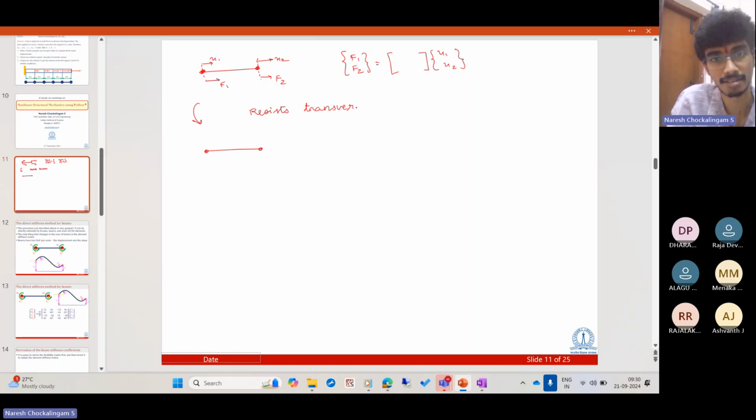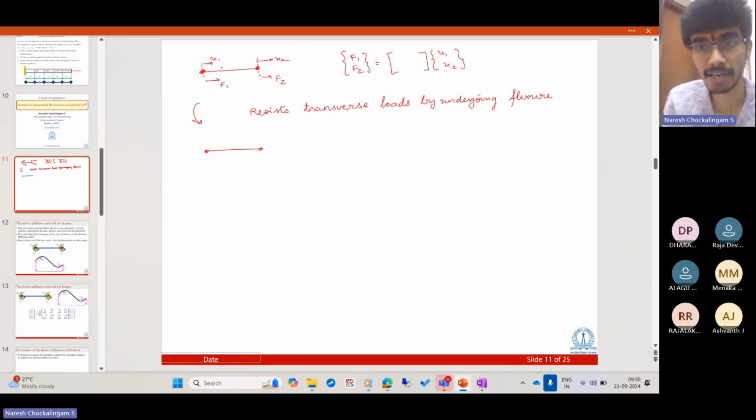So a beam element resists transverse loads by undergoing bending or flexure. An axial force member resists axially applied loads by undergoing extension or shortening. And a beam element resists transversely applied loads by undergoing flexure or bending.